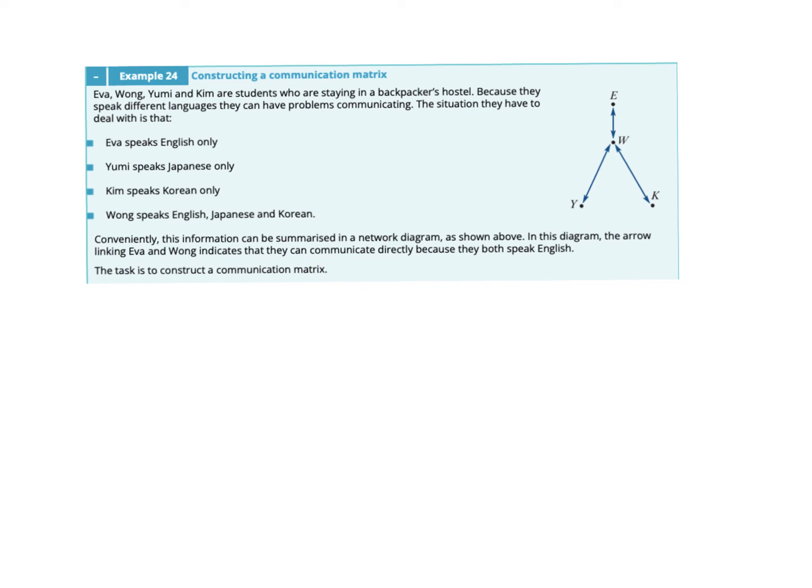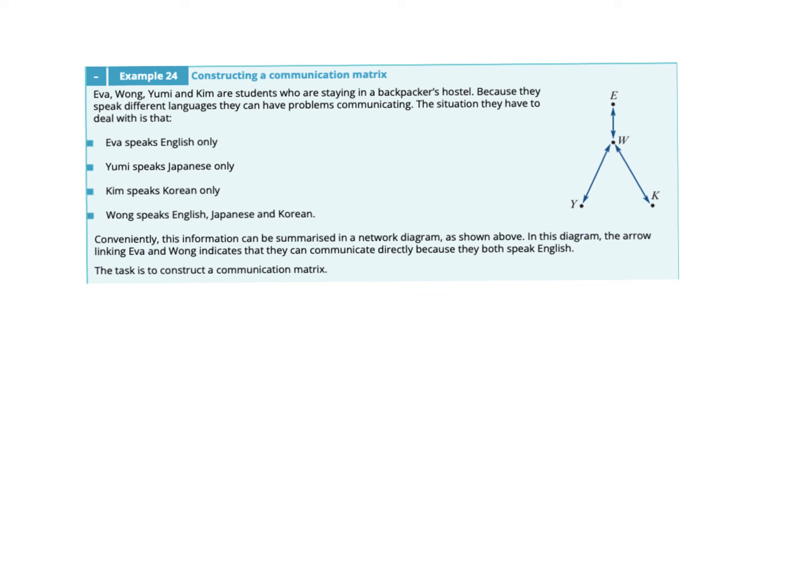Okay, so Eva, Wong, Yummy and Kim are students who are staying in a backpackers hostel. Because they speak different languages, they can have problems communicating. Eva speaks English only, Yummy speaks Japanese only, Kim speaks Korean only, and Wong speaks English, Japanese, and Korean.